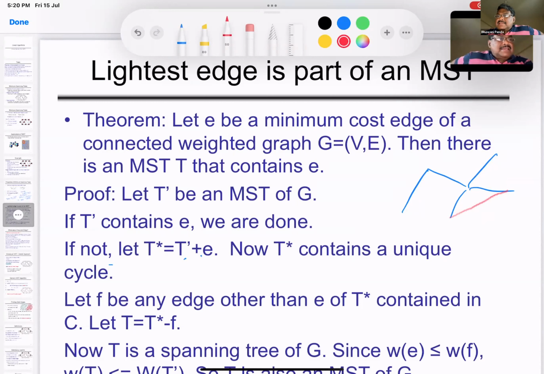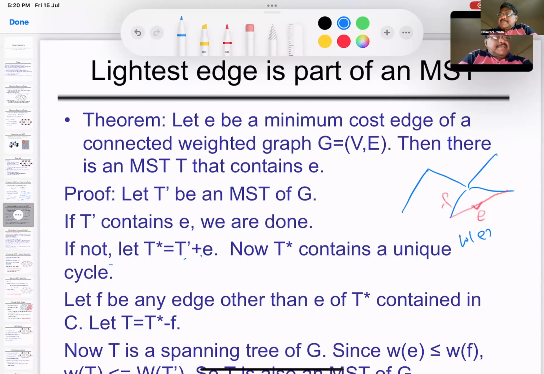In this cycle, there are at least two other edges, because the cycle length will be at least 3. So there may be more than 2 other edges. This cost was minimum in the whole graph. So you select any edge. This is my E and this is my F. What can you say about the cost of E and F?